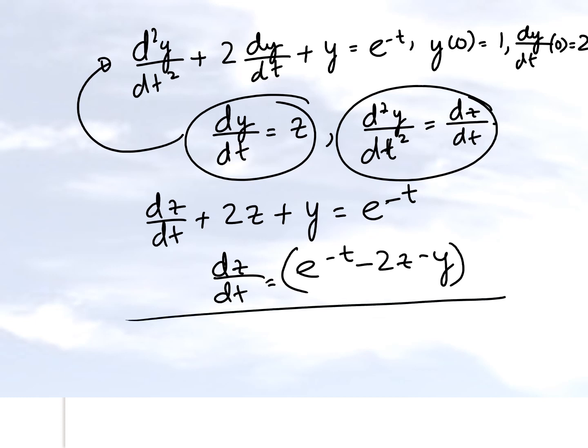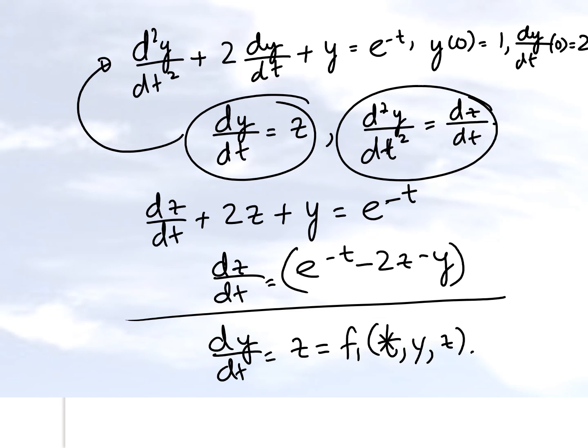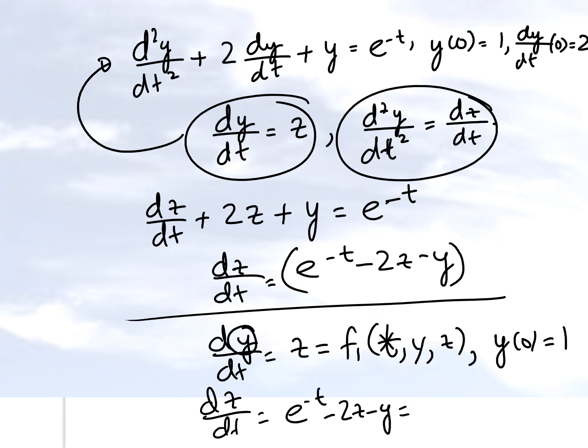So having said this, what we have now is dy by dt equal to z, and that is our first function f1 of t comma y comma z, and the corresponding initial condition will be on y, so it will be y sub 0 equal to 1. Then we have dz by dt, which we just calculated, is e to the power minus t minus 2z minus y.